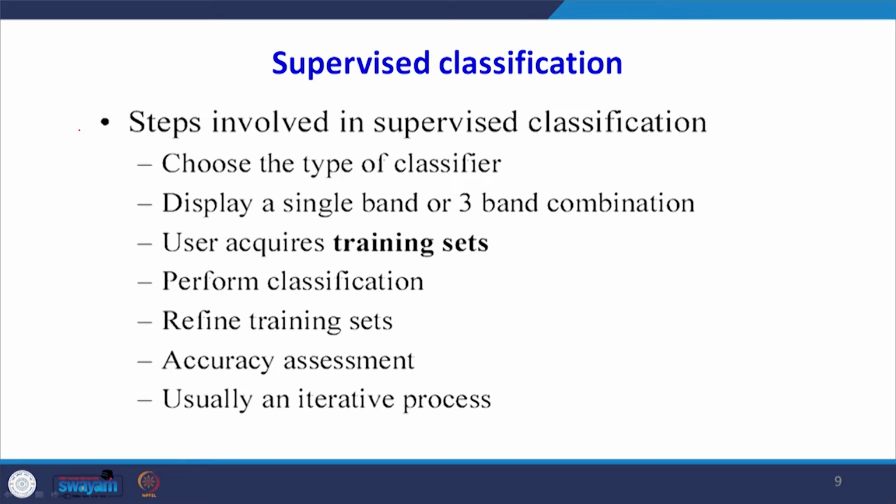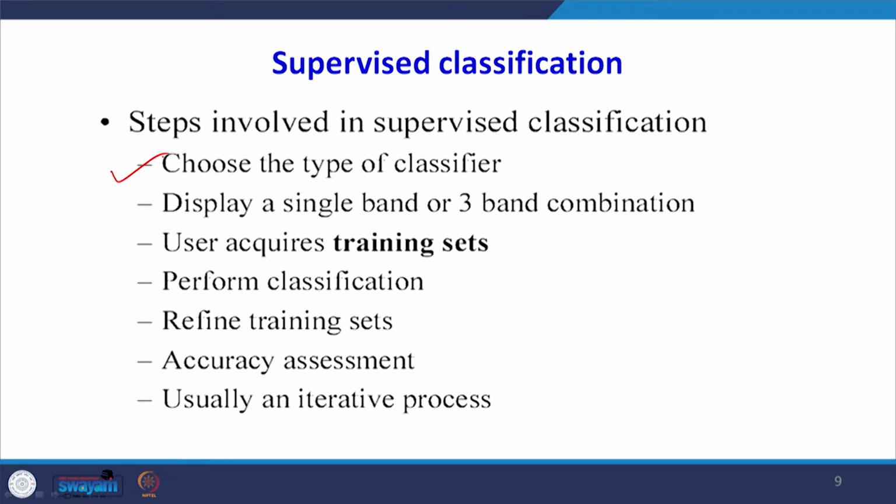If we get a uniform, well distributed, Gaussian type of histogram, we can ascertain that the training sets are homogeneous in nature. Then we find out the range of the DN values within those homogeneous classes. We identify the range, and that becomes the input to the classifier, and once the classification is done, we convert it into the thematic classes.